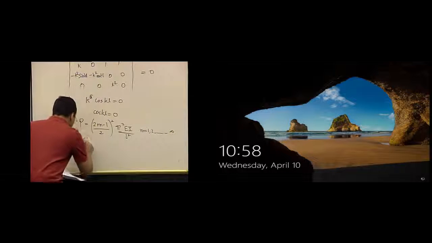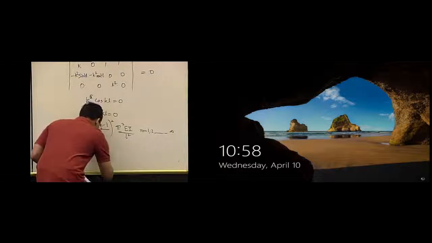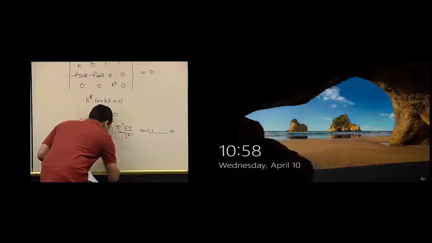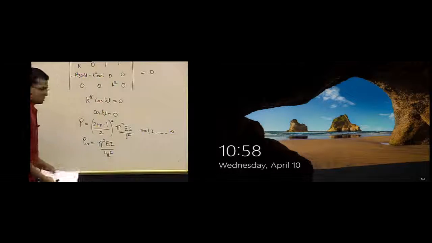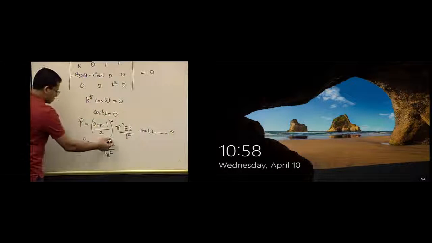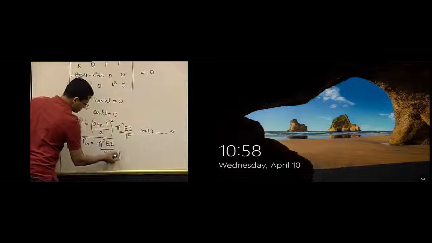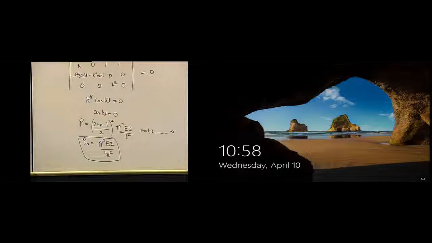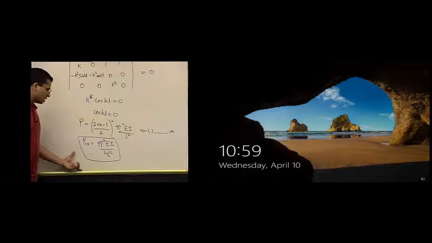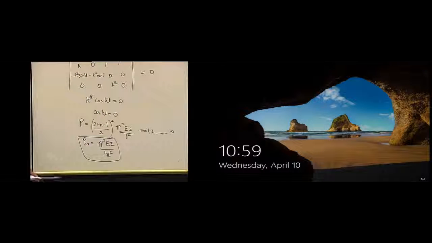And the P critical, of course, will be when m is equal to 1. So that will be pi square EI over 4L square. So the P critical has changed in this case. It was pi square EI over L square in the last problem, in which we had a simply supported beam, and now it is pi square EI over 4L square.